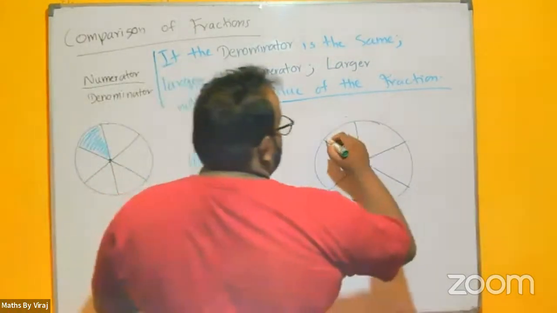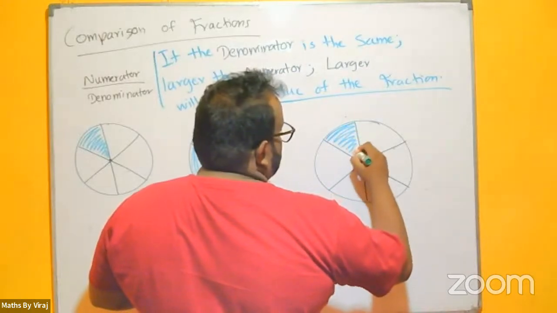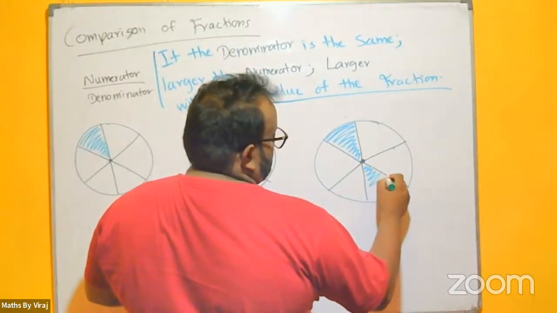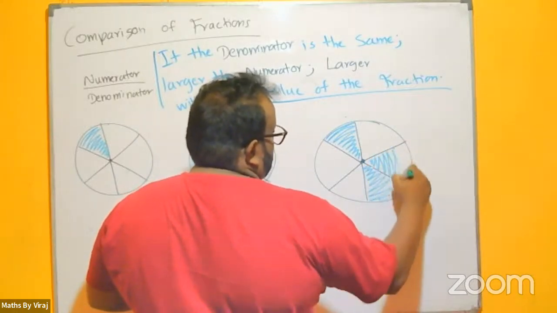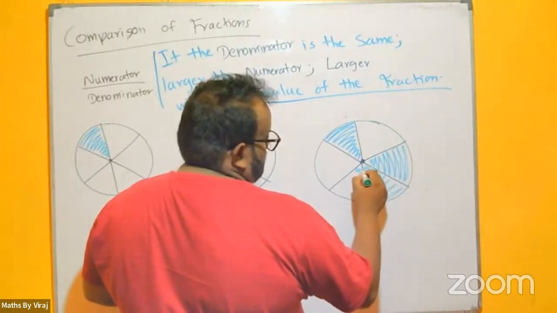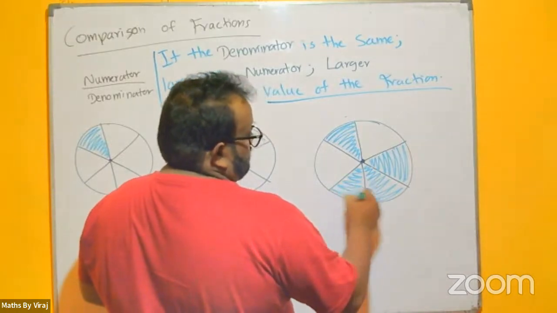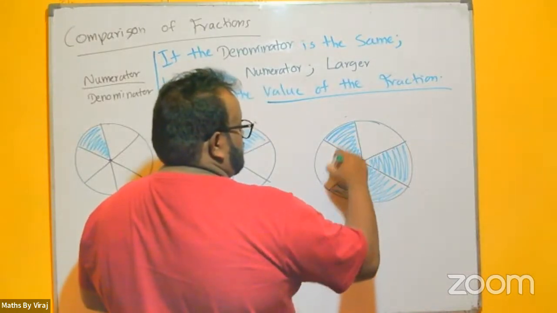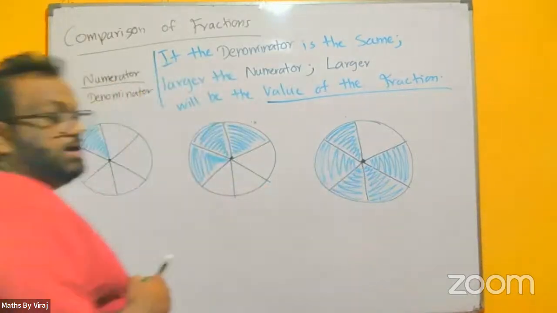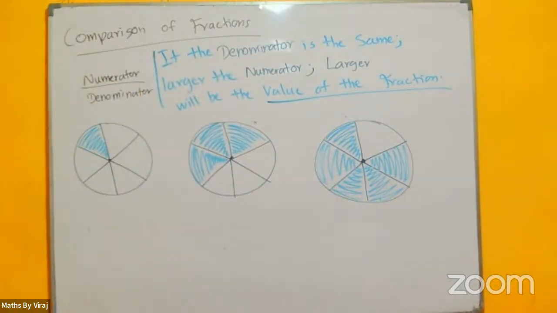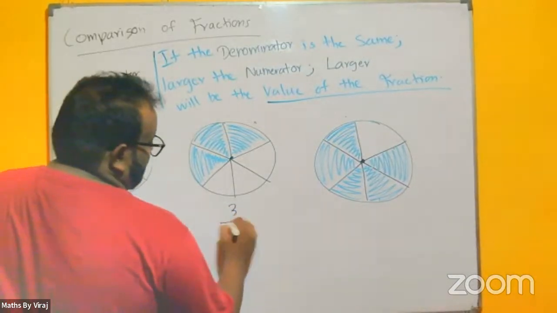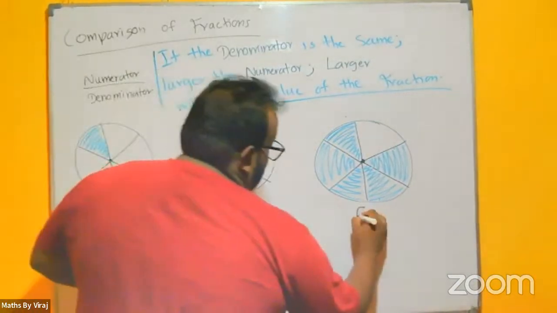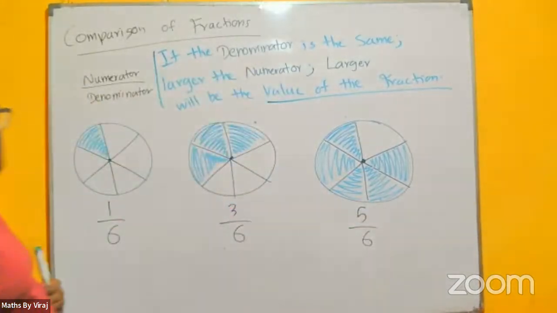Now which one is the largest? Third one. 1/6, 3/6, 5/6. You see that? Yeah, third one.